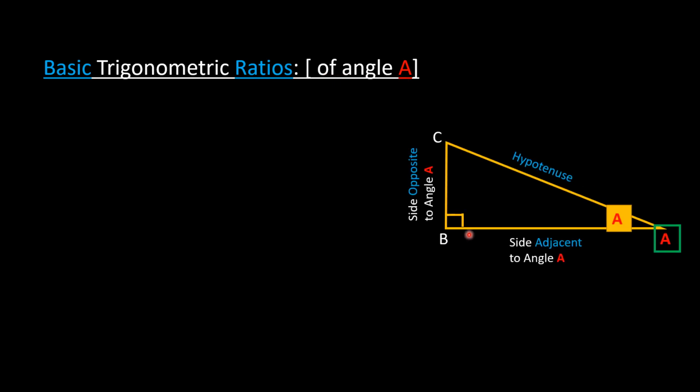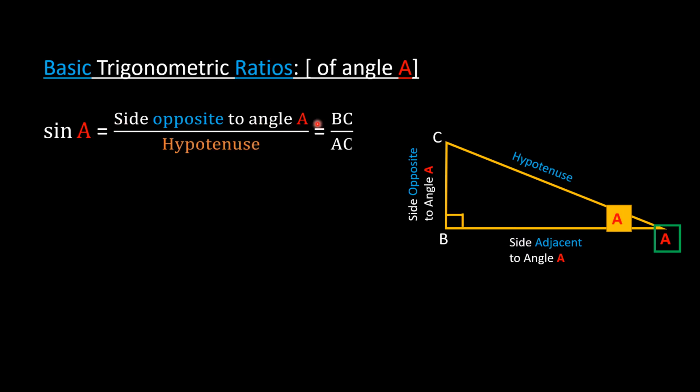In right triangle ABC, sine A is side opposite to angle A divided by hypotenuse, that is BC divided by AC.